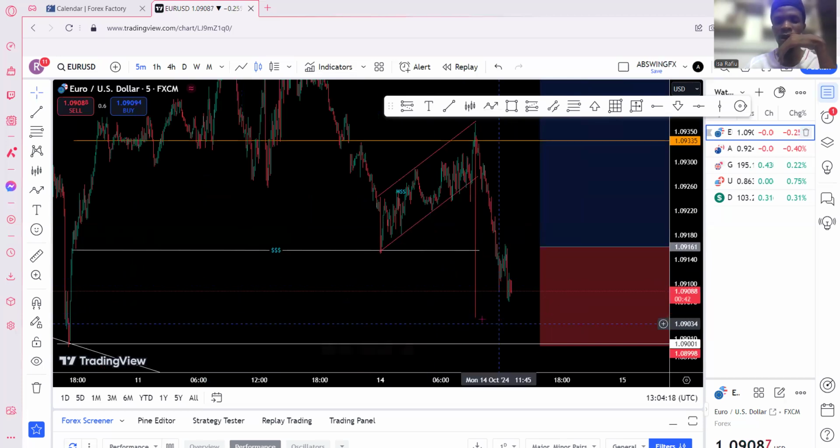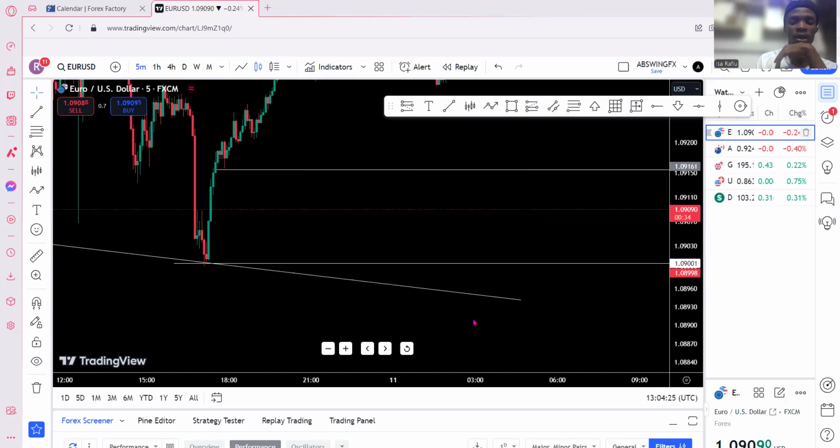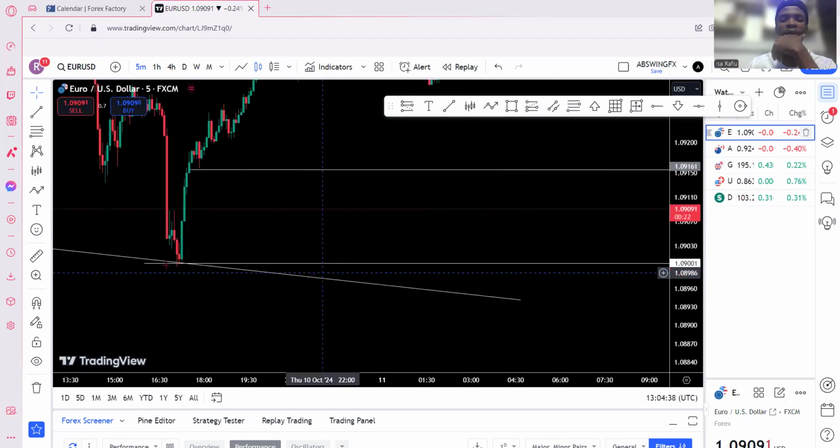So now we have a TP around this area. But let's check this area. This red candle that has a wick messed everything up. So that's why there is a liquidity created here.